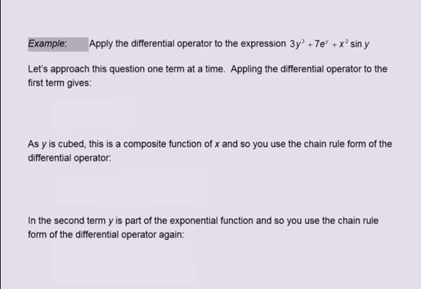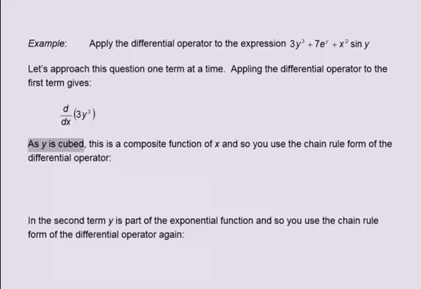Example: apply the differential operator to the expression 3y cubed plus 7e to the y plus x squared sine y. Let's approach this question one term at a time. Applying the differential operator to the first term gives d by dx of 3y cubed.